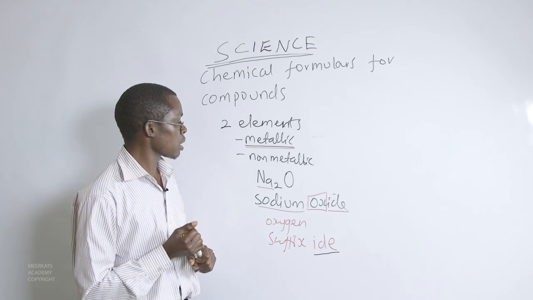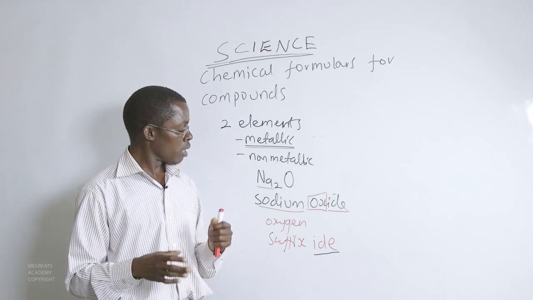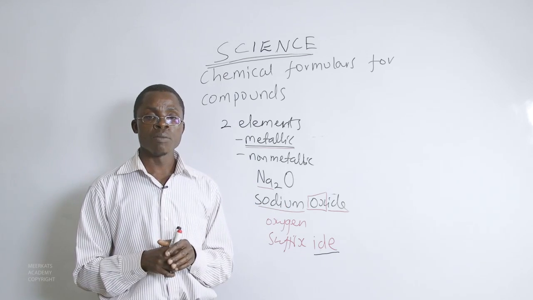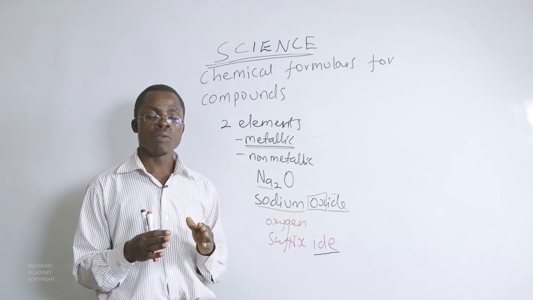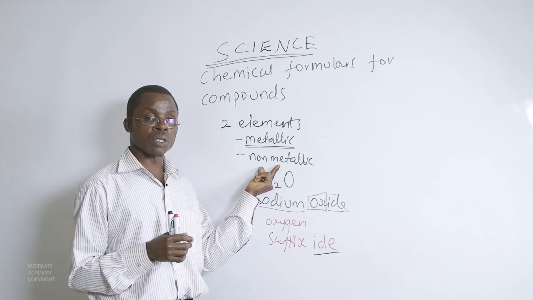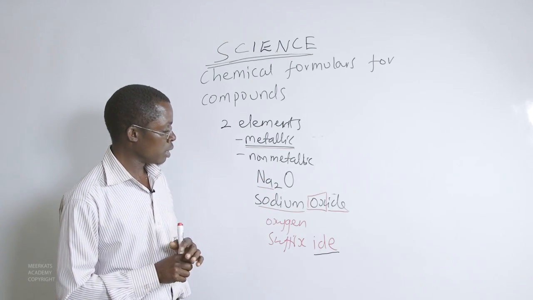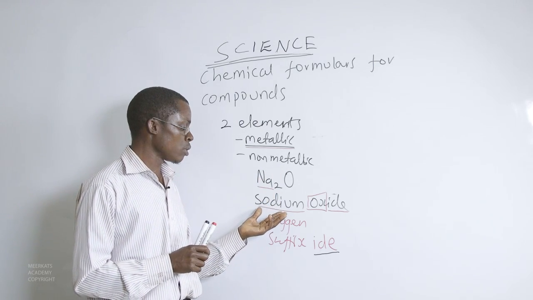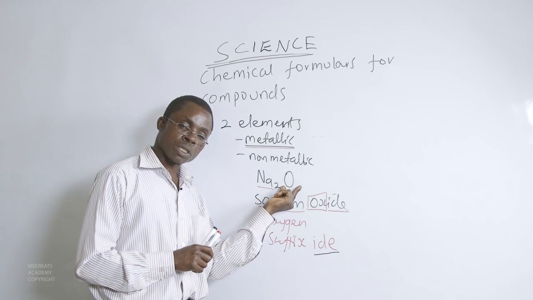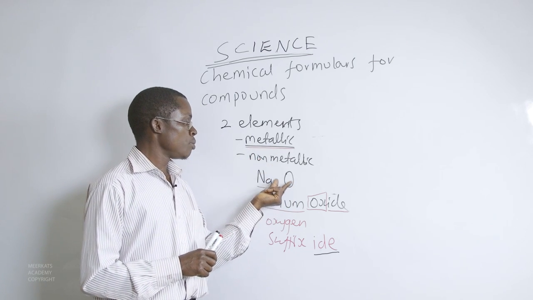That is the exercise I would like us to go through. I will give out some formulas. Then from the formulas, we get the name, and let's see if truly we will be following the rules, and if you are also able to come up with the correct name, just like I've shown here with the formula sodium and oxygen coming together, sodium being a metal, oxygen being a nonmetal.